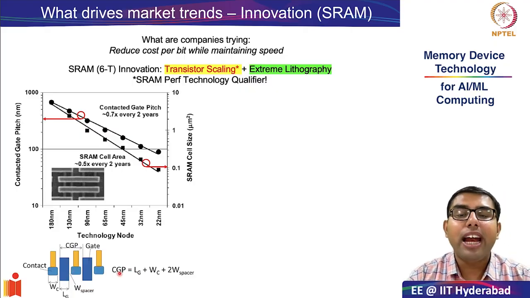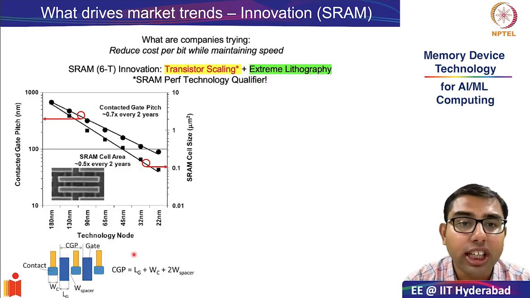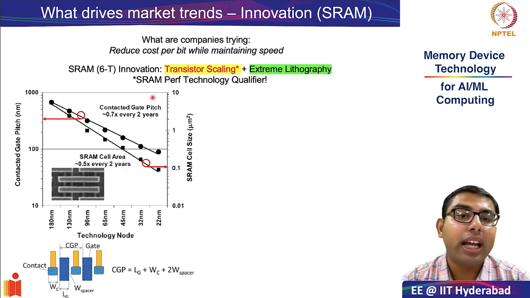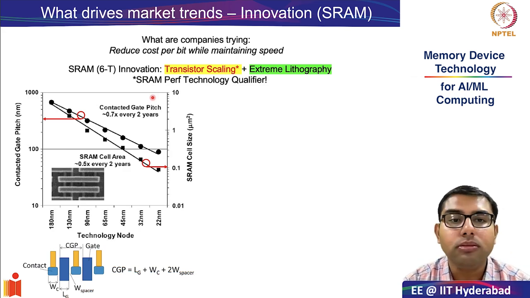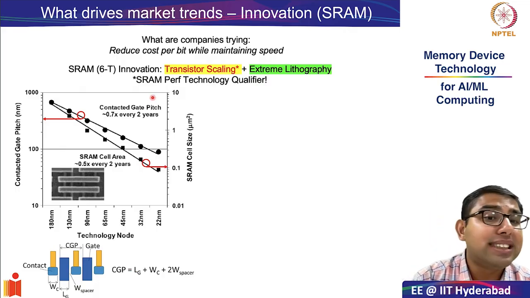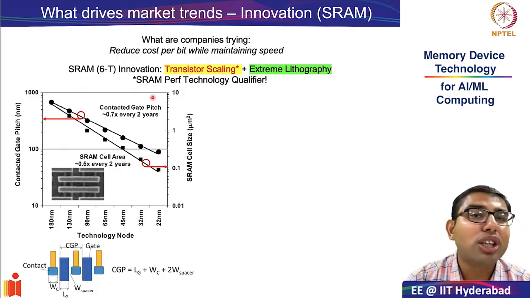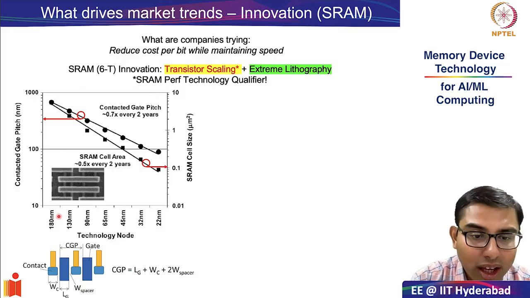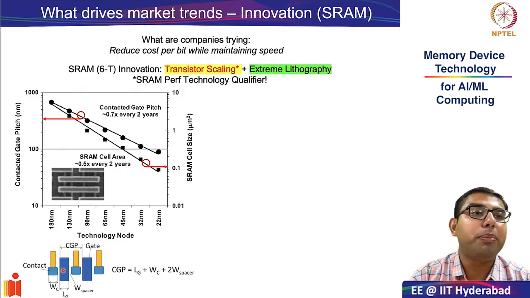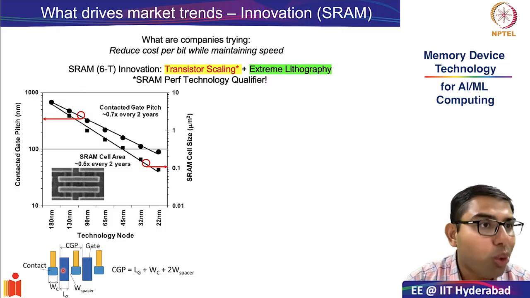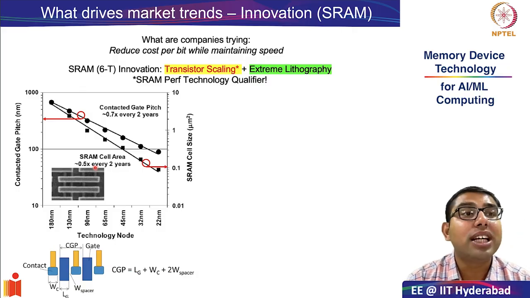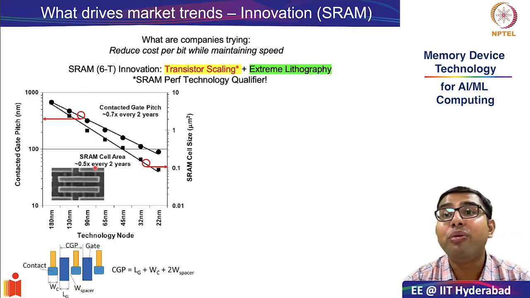The contacted gate pitch is reducing every technology node, as you can see, by a factor of 0.7x every 2 years. Why is this number 0.7x very special? Because it is roughly 1 by root 2. 0.707 is 1 by root 2. So if the linear dimensions in the chip are reducing by 1 by root 2, you can expect that the area reduces by (1 by root 2) the whole squared, which is half.